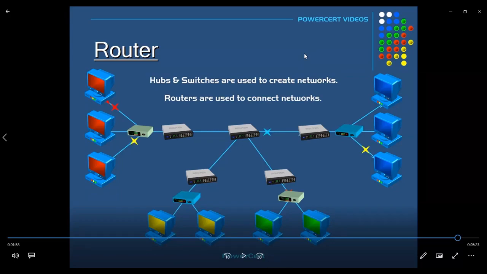Also, if you have a backbone, that means core switches, they are capable of functioning in layer 2 as well as layer 3. Some switches have a routing capability in addition to the switching capability.